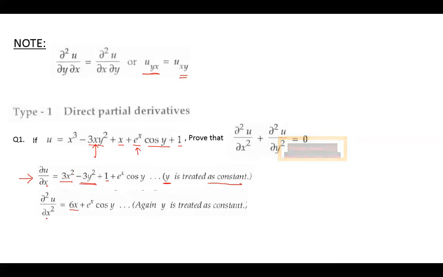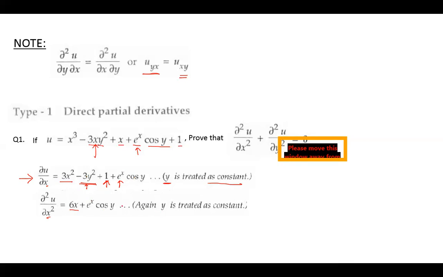So since we are differentiating partially with respect to x, this term is a constant, and the derivative of a constant will be 0. 1 again is a constant, so its derivative will also be 0. And for eˣ cos y, we differentiate eˣ, which is eˣ itself, cos y as it is.